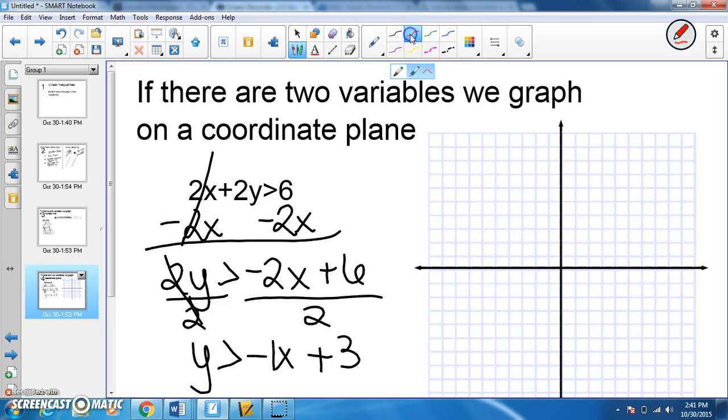So now I know my y-intercept is 3. So I'm going to plot that point. And my slope is negative 1. So I'm going to go down 1 over 1, down 1 over 1, down 1 over 1.